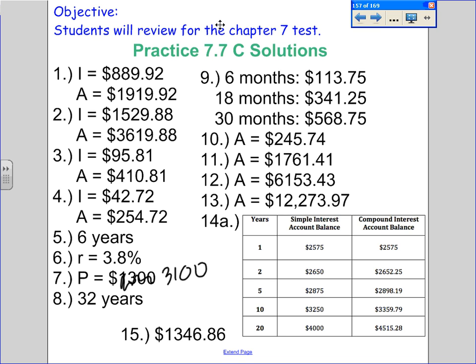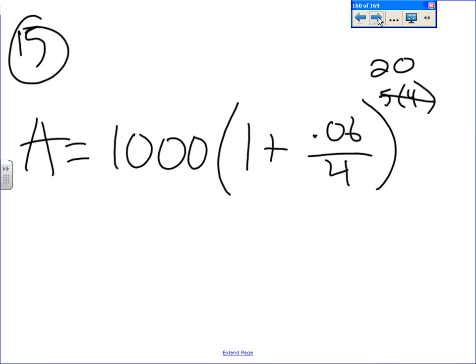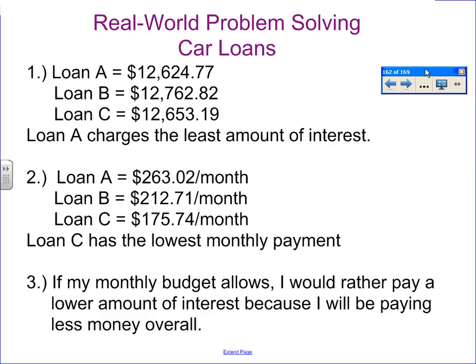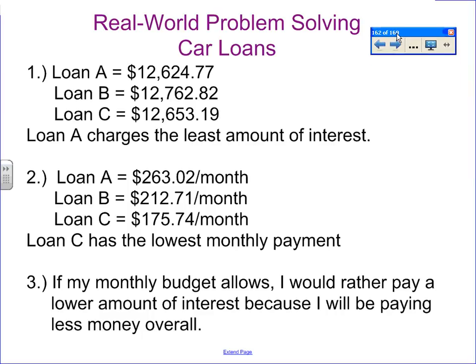Okay, let's go to the car loan problem and see what questions you have. Okay, so what questions do you have on, I wrote everything up there. What questions do you have on the car loan problem, Ray? Okay, so on loan C, you should have done 10,000 times, in parentheses, 1.04.